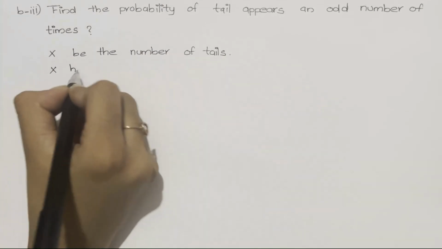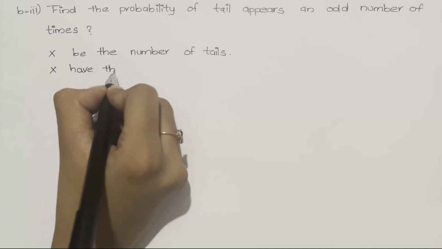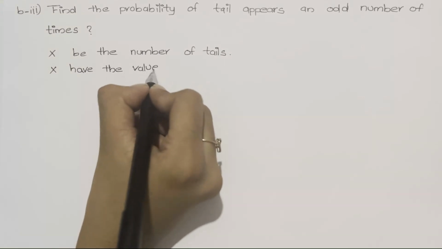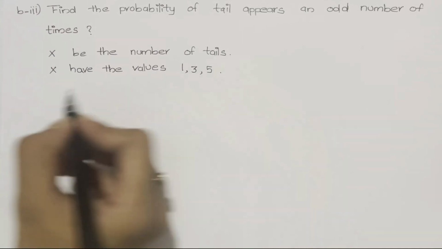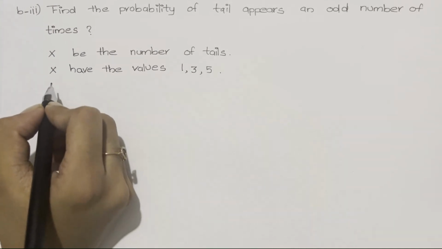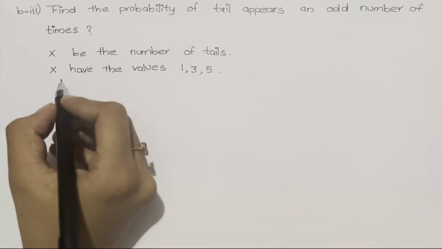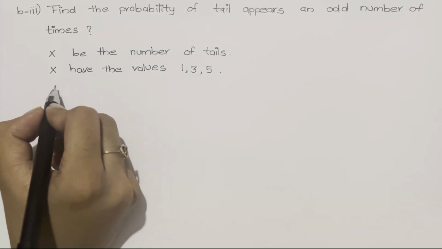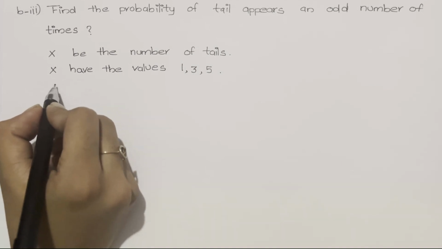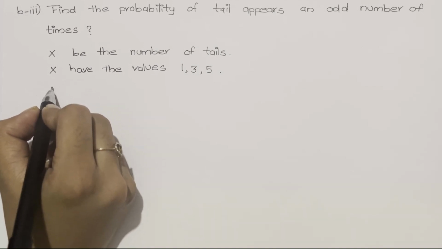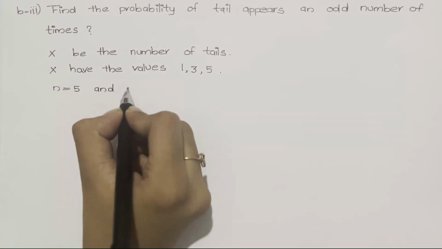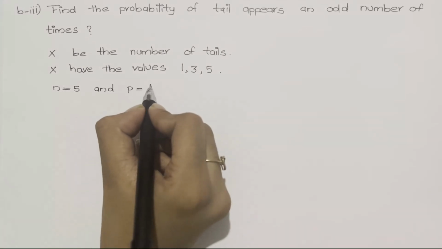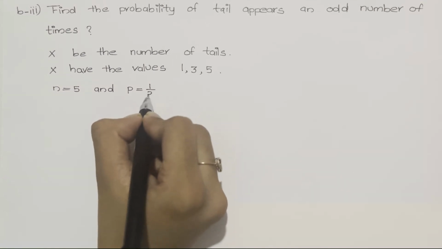Then x has the values 1, 3 and 5, since 1, 3 and 5 are the odd numbers between 0 and 5. From the previous examples, the number of trials is n equal to 5 and probability of success, that is probability of getting a tail, is 1 by 2.